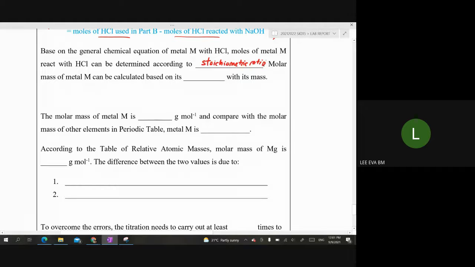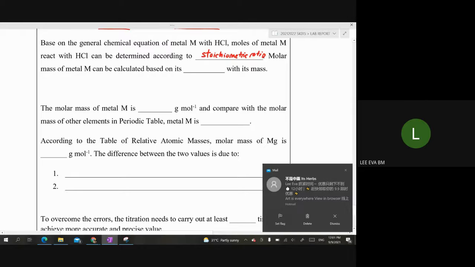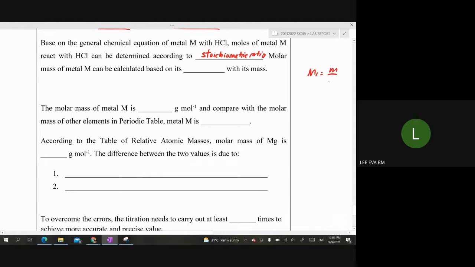Okay, stoichiometry ratio, or you simply just write stoichiometry, also can. Molar mass of metal M can be calculated based on its mass. So tadi kita kira molar mass equals to mass over, what do you fill in inside? What do you divide it by? Mole. Okay, so based on its number of mole with its mass.